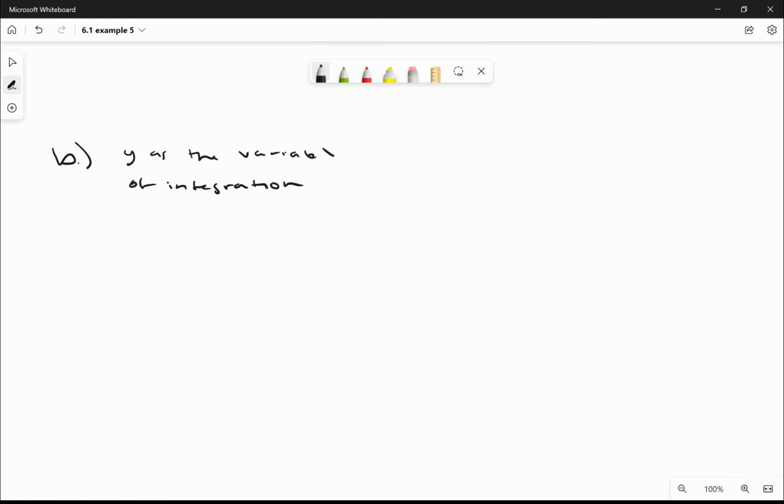So we have these same curves and they look the same. But now we want to look at everything with respect to y. So y equals 1 over x is the same as x equals 1 over y.